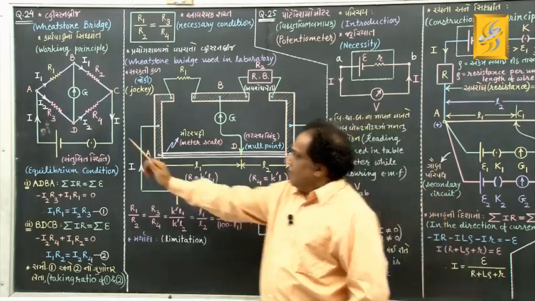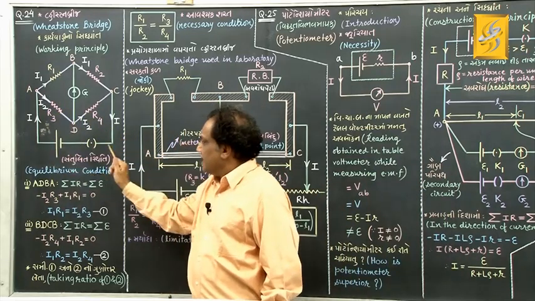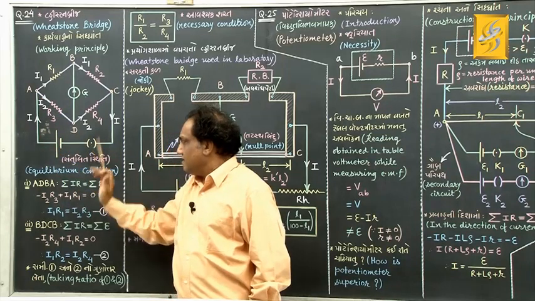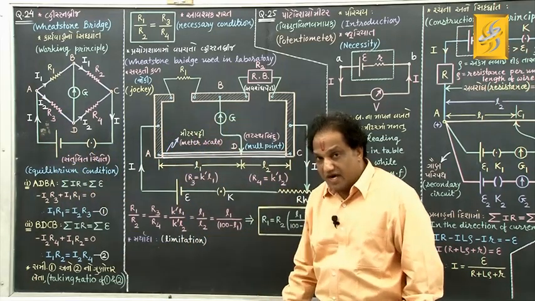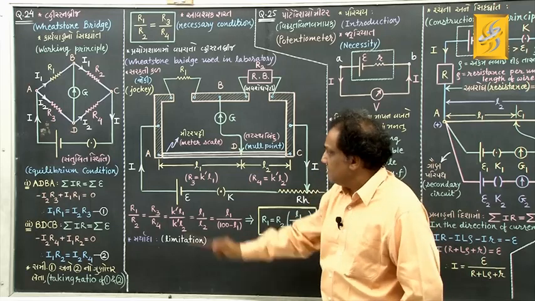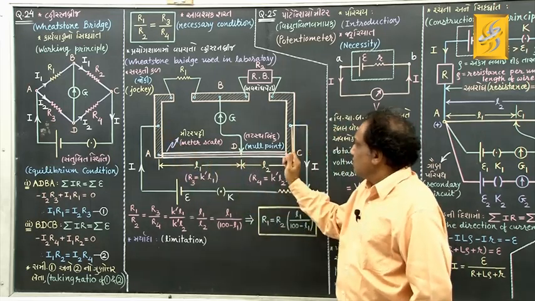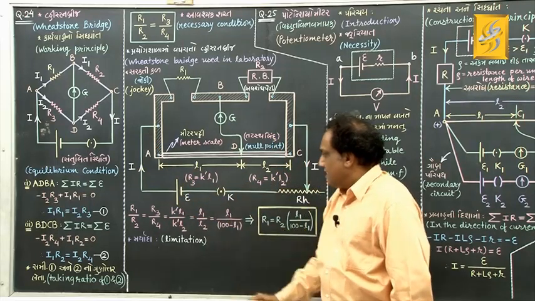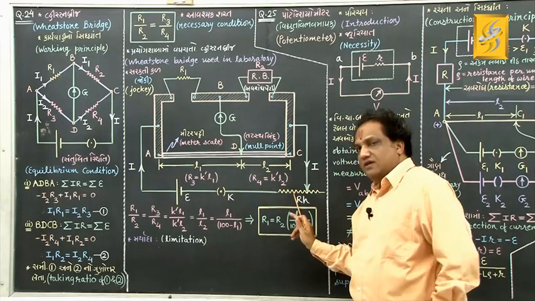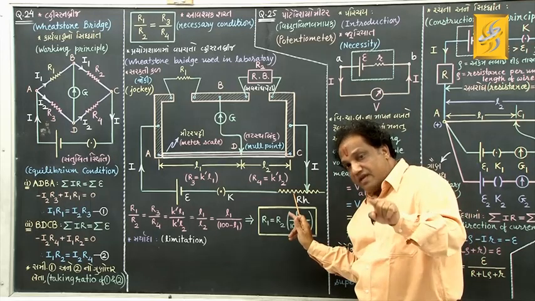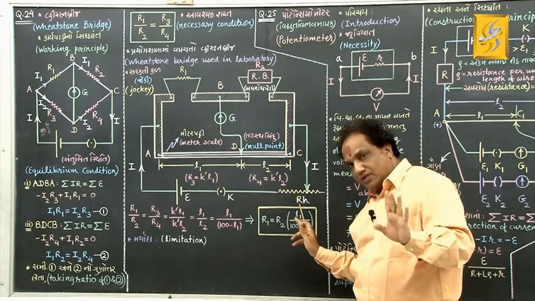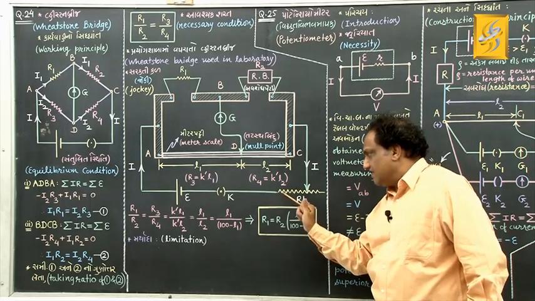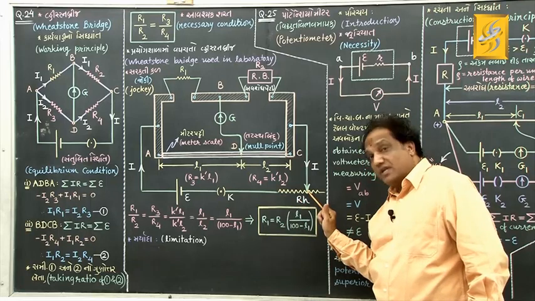Now between A and C, in the external part of the circuit, we connect a battery and key. This is point A, this is point C. Between A and C we connect one battery, one key, and a rheostat as a variable resistor. For this rheostat, this is the fixed terminal and this is the variable terminal.